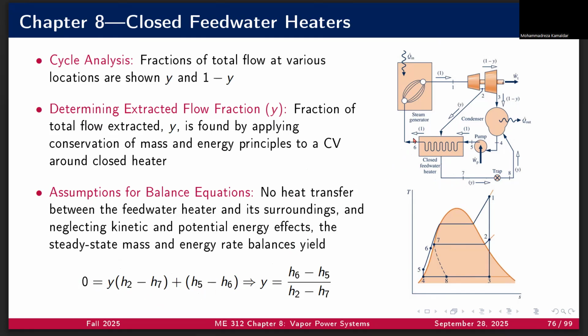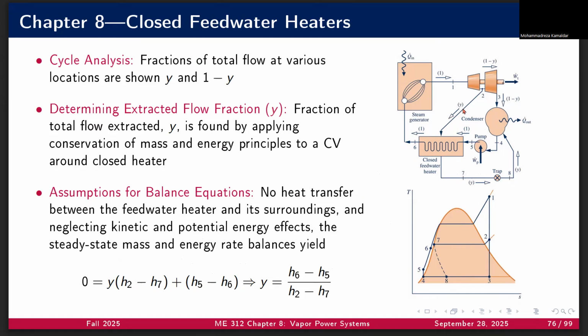So H5 minus H6 is the increase in enthalpy of the working fluid here. And H2 minus H7 is the decrease in the enthalpy of this extracted steam. So notice here H7 is less than H2, right?